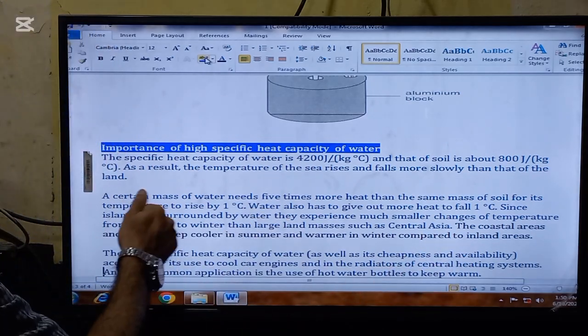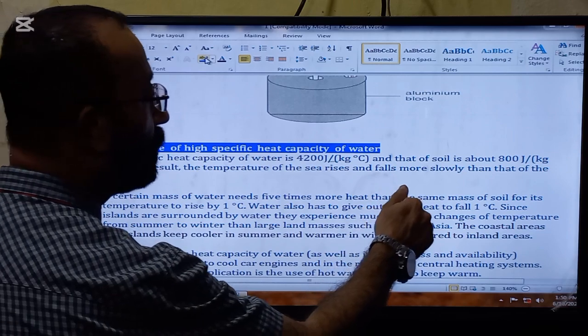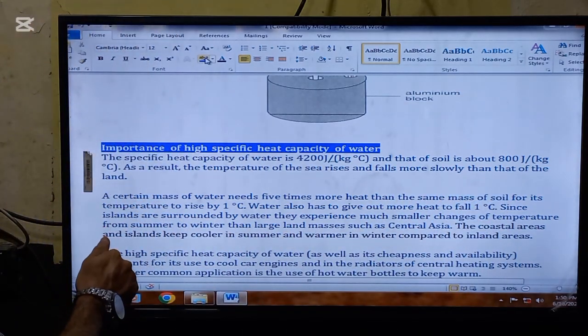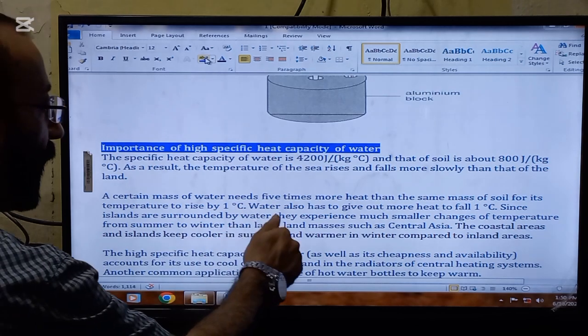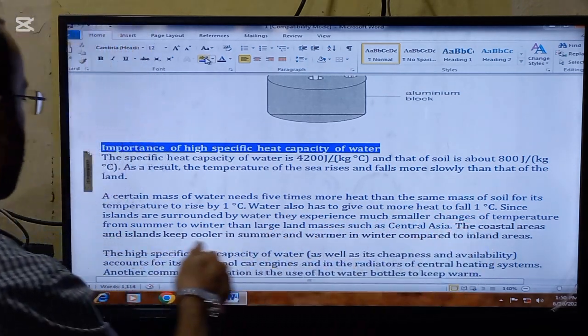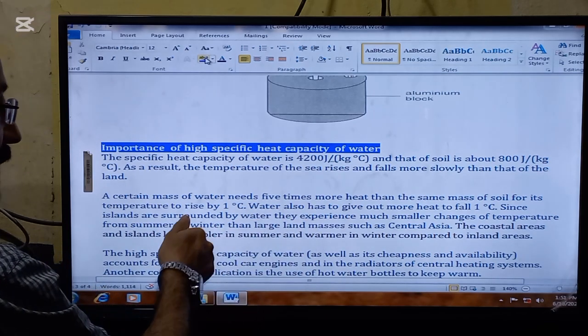So look now, as a result, the temperature of the sea rises and falls more slowly than that of the land. A certain mass of water needs 5 times more heat than the same mass of soil for its temperature to rise by 1 degree C. So look at the reason.